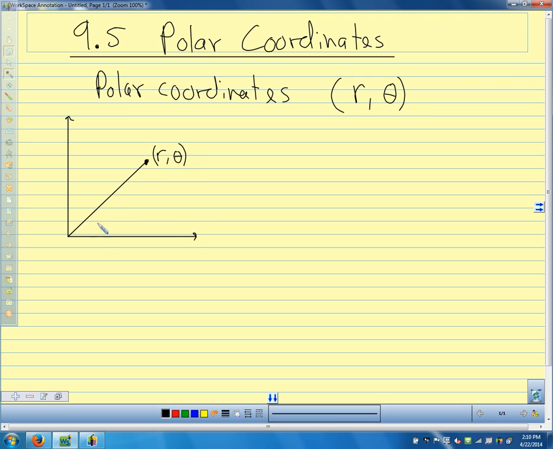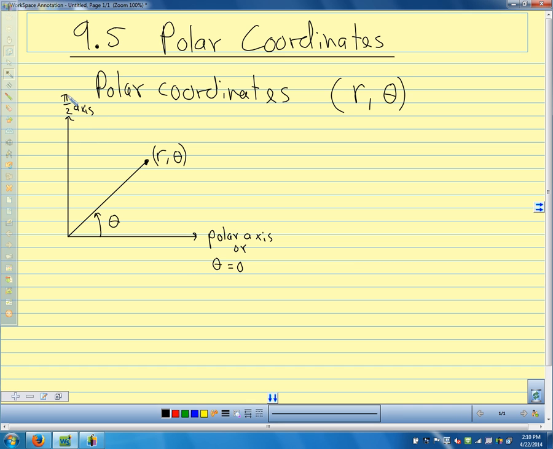Just like when we worked with the unit circle, we measure theta counterclockwise from this axis. In polar coordinates, we don't call this the x-axis, we call this the polar axis, or the theta equals 0 axis. So on this axis, theta equals 0. And rather than the y-axis, this is the pi over 2 axis.